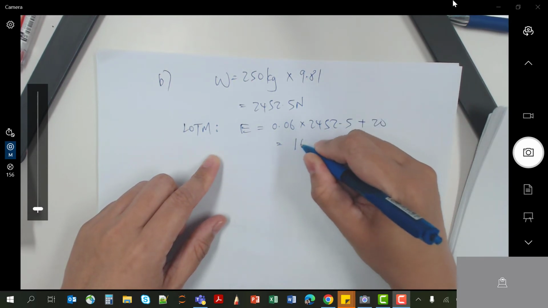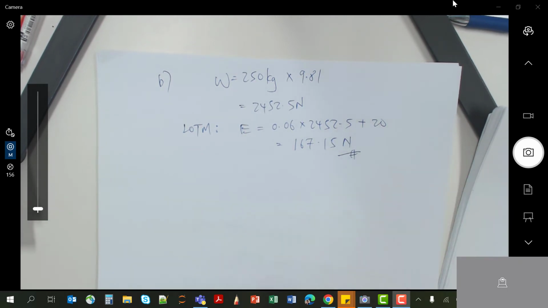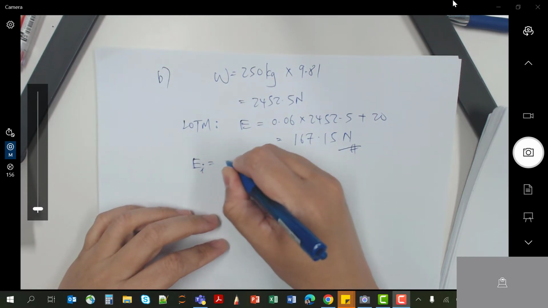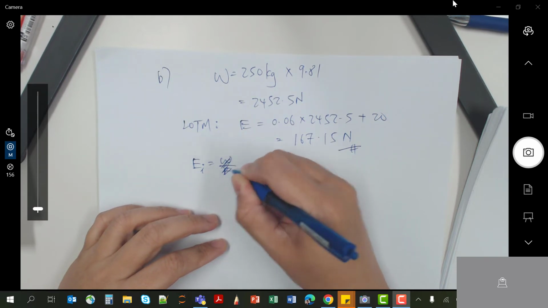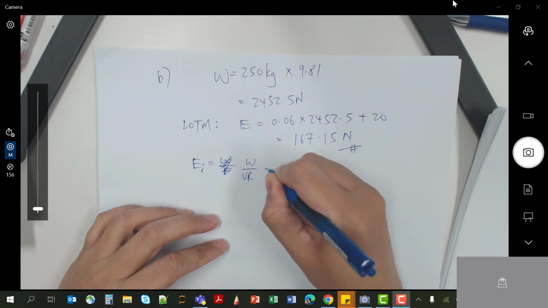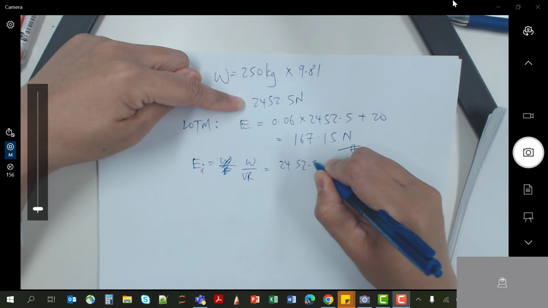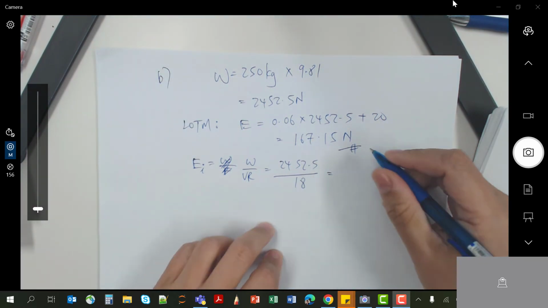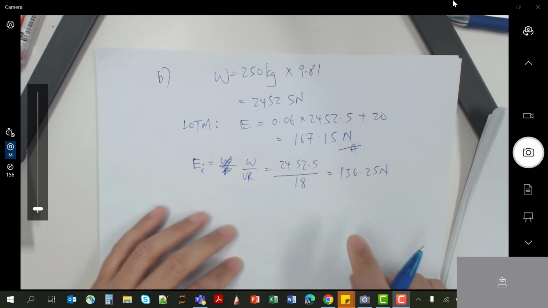Okay, you will get 167.15 Newton. Okay, you can also find your ideal effort, which is W over VR. So W is this, 2452.5, VR is 18, given. Okay, so you get 136.25 Newton.